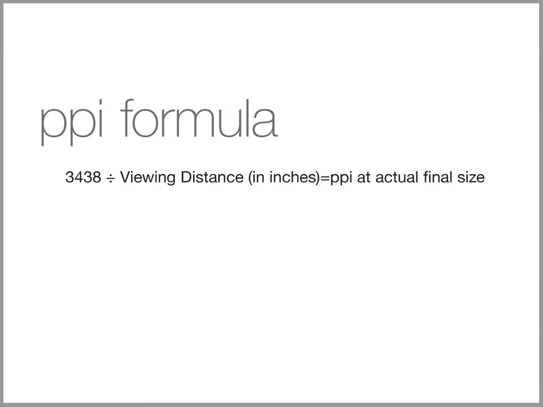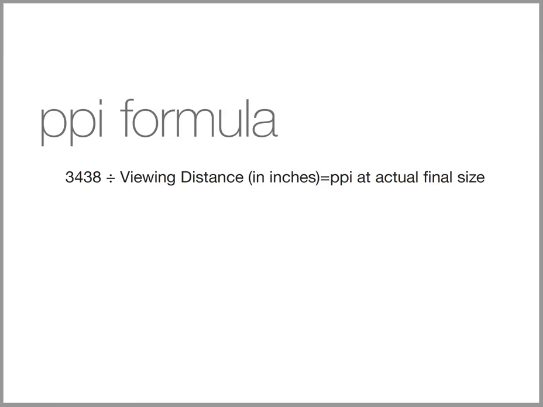Now, most of the time, we're going to be dealing with the formula that we just went over. This one applies when we're talking about things like billboards, or a banner that's going to be seen from the outfield at the ballpark, or something that is going to be seen from a great distance.